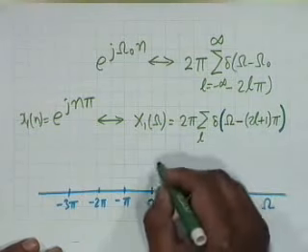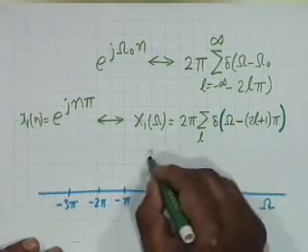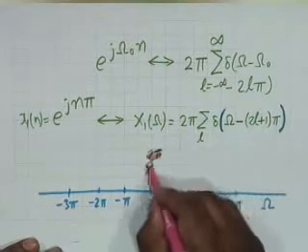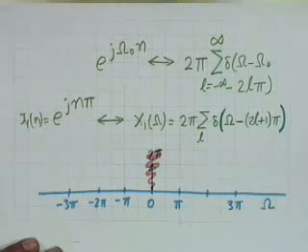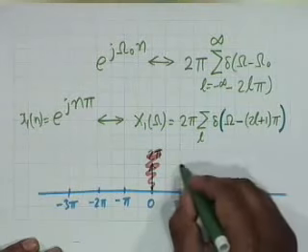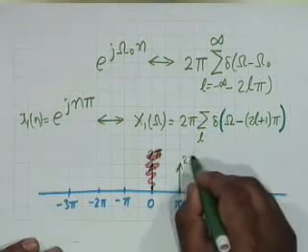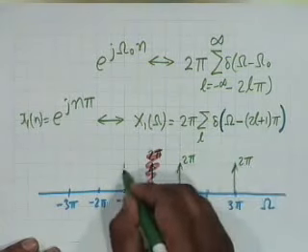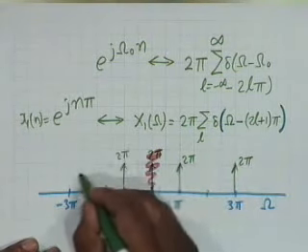And each of these impulses shall be of strength 2 pi. Not at 0. All right. This is gone. What we have is, we have at pi of strength 2 pi, at 3 pi of strength 2 pi, at minus pi of strength 2 pi, and so on.